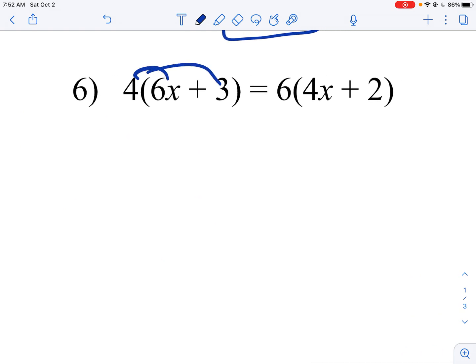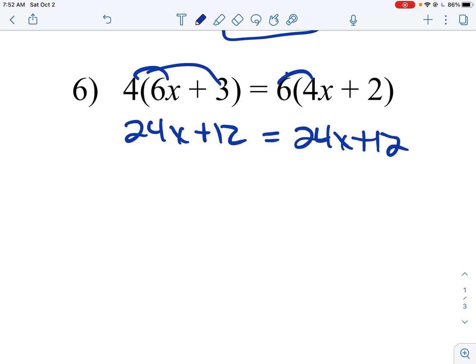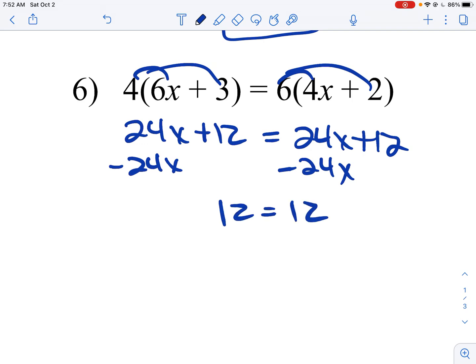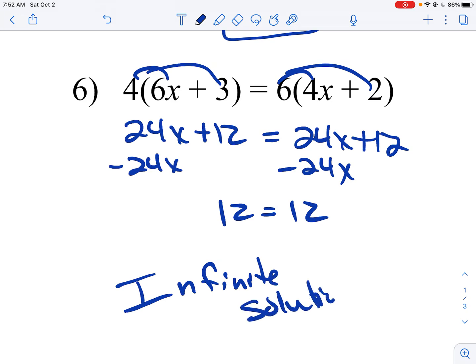Let's multiply through here. I get 24x plus 12 equals 24x plus 12. Now, hopefully at this point you already know what the answer is, but I'm going to subtract 24x from both sides and get 12 equals 12. So, infinite solutions.